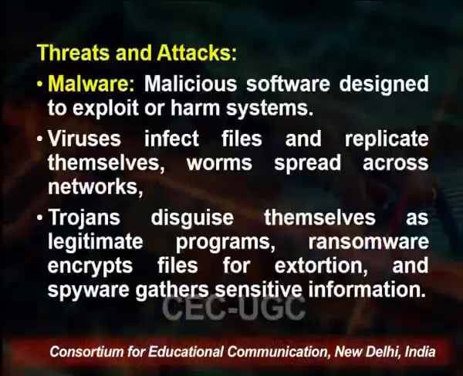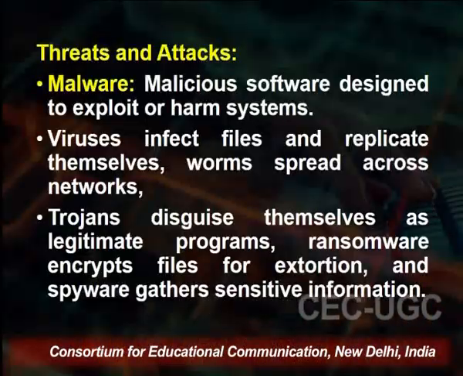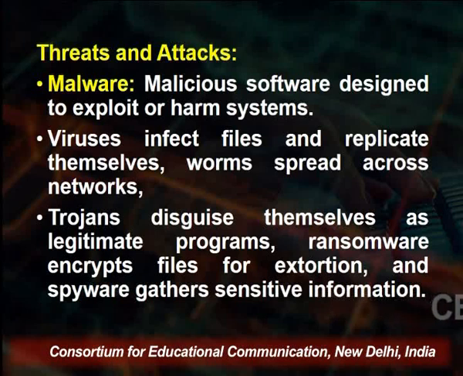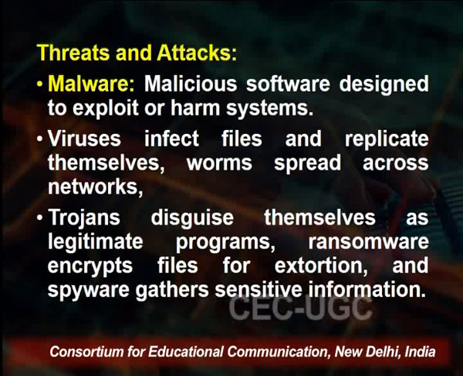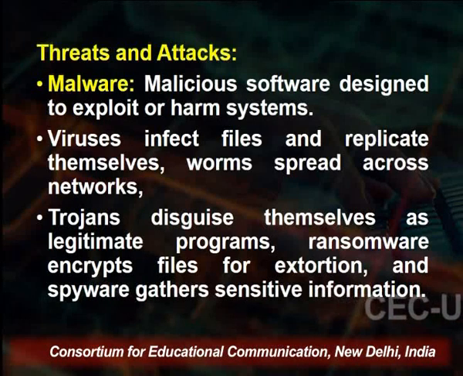So when we talk about threats and attacks, what threats and attacks are we talking about? All the standard ones. Malware, basically a malicious software which is designed to harm the system. Then we have viruses which generally infect files, replicate themselves and then spread across the resources.